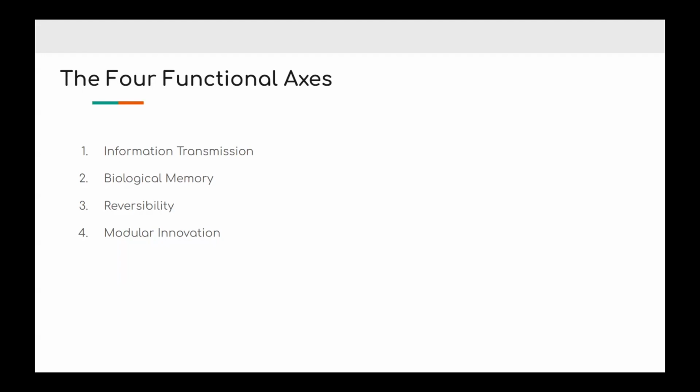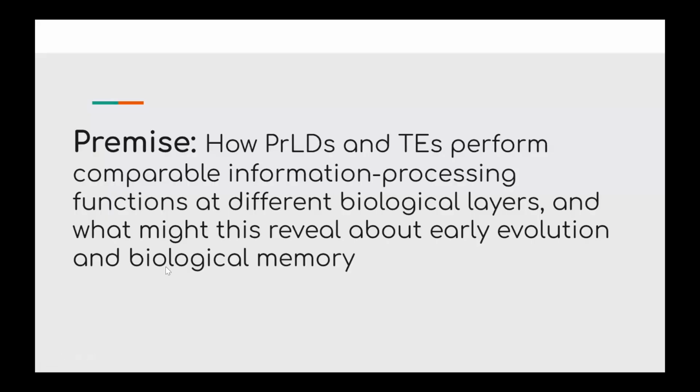And the fourth is modular innovation, which asks, can that system be reused into a larger biological function. So my premise is how prion-like domains and TEs perform comparable information processing functions at different biological layers, and what this might reveal about early evolution and biological memory.